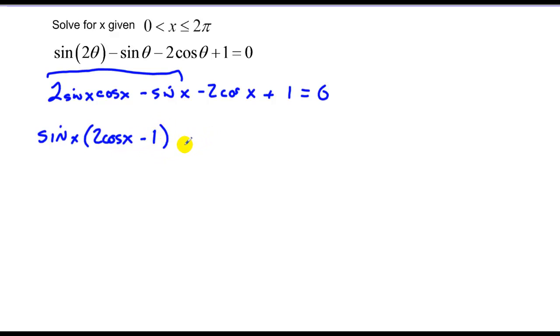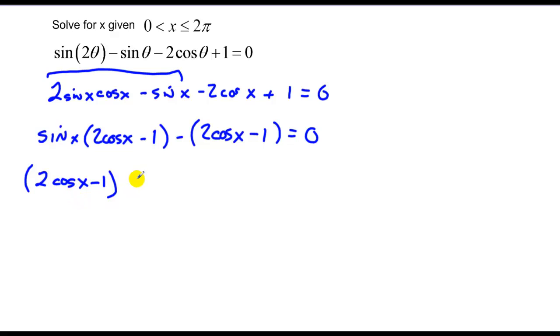And then I'm going to pull a negative 1 out of the next term, minus 2 cosine of x minus 1. And you'll notice I've grouped that nicely such that I have another common factor of 2 cosine x minus 1 that I can factor out, and that leaves me with the sine of x minus 1. Set that equal to 0.